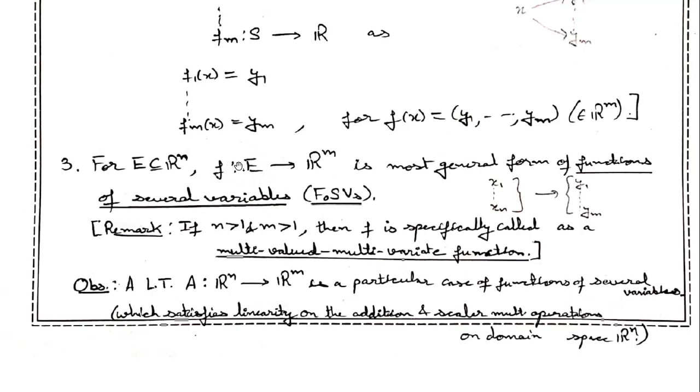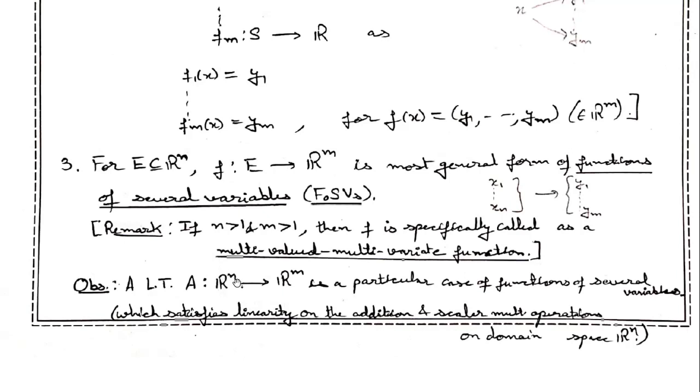In particular, a linear transformation is a function of several variables, from Rn to Rm, with a speciality: it satisfies linearity on addition and scalar multiplication.